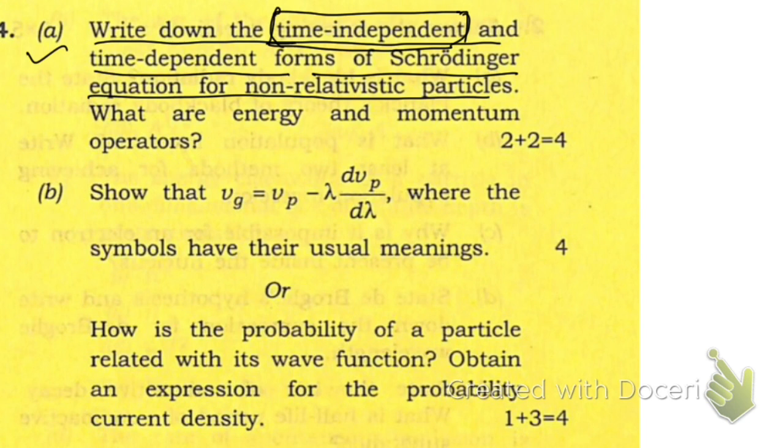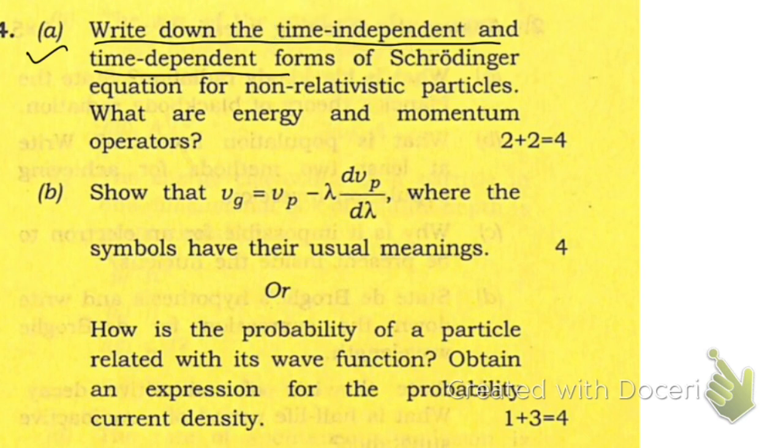I have written in the description box time independent Schrodinger equation, then I have provided the link. Okay, just click the link and you can watch that video, where you're going to have the proper explanation of that equation. And the time dependent form of Schrodinger equation is this.